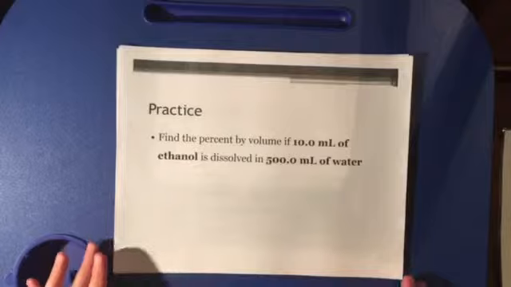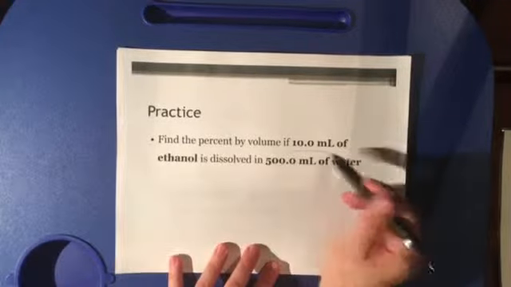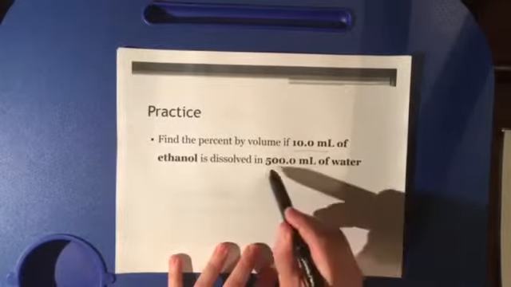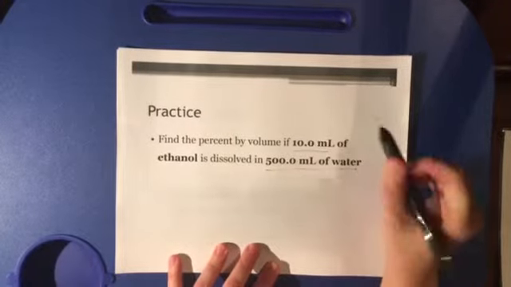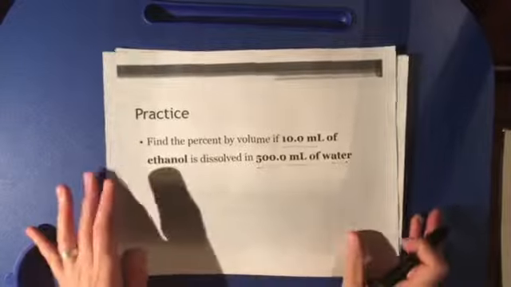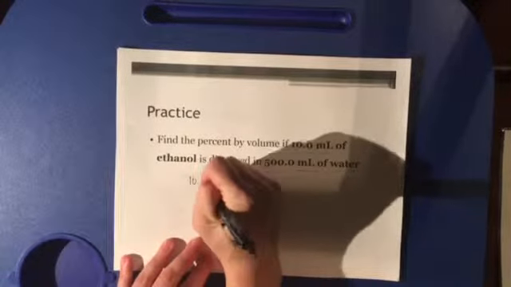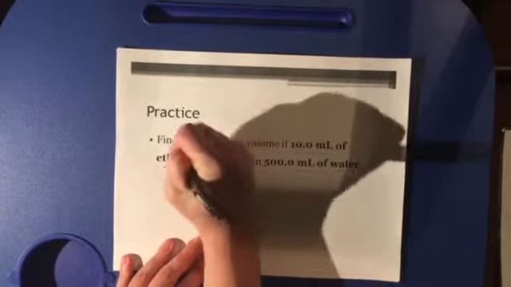Percent by volume is going to be the same. Solute plus the solvent. And so you just want to be careful that that's not the solution, that is just the solvent. And so what we want here is we've got 10.0 milliliters of ethanol.